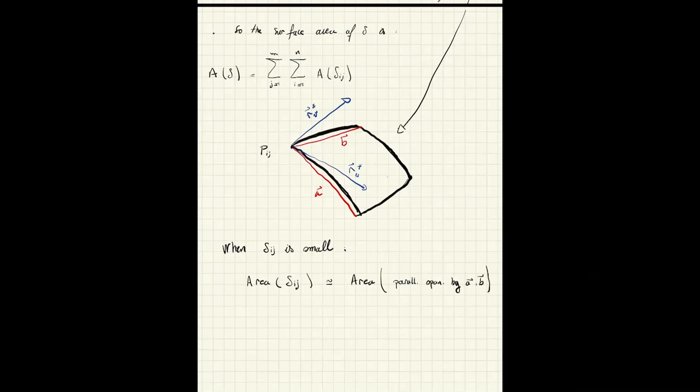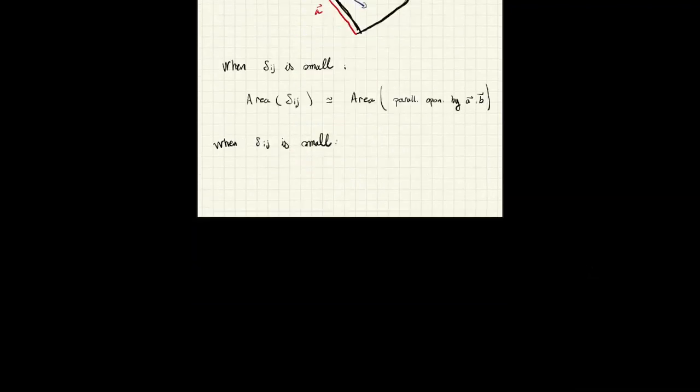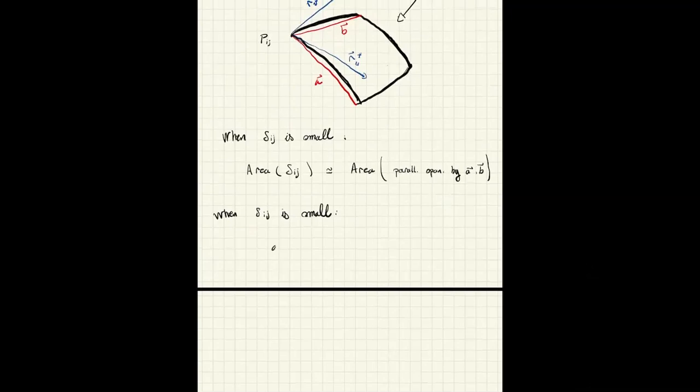Now, I will let you think about it. When Sij is small, A is approximately given by R U star times delta U. And this is really the definition of a tangent vector.